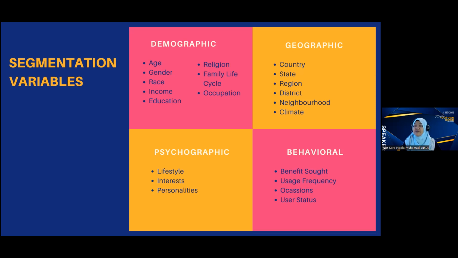And also occupation. People with different occupations have totally different preferences. Engineers and teachers buy totally different things. Those working as engineers on site, for example, buy boots, but would a teacher buy boots? They don't buy boots.